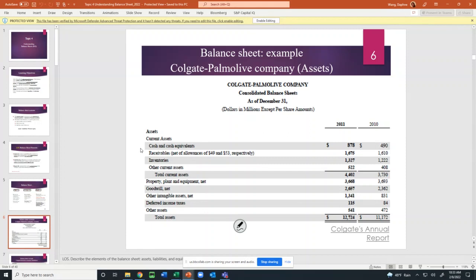This is all current assets. And the total assets include PP&E, property, plant, and equipment, and also goodwill and some other intangible accounts. And they present a 2-year comparison.